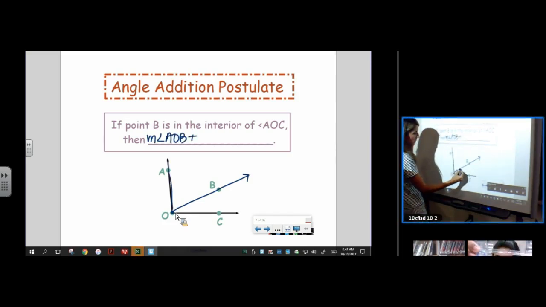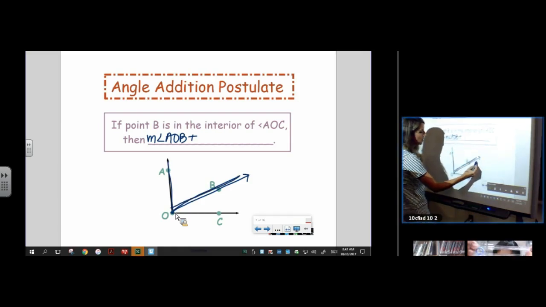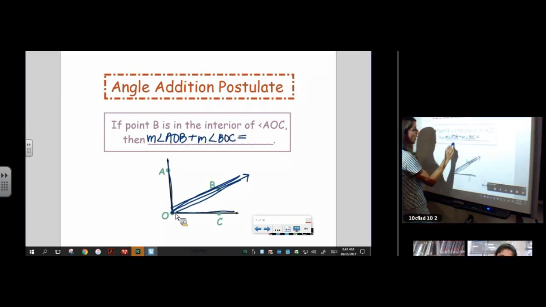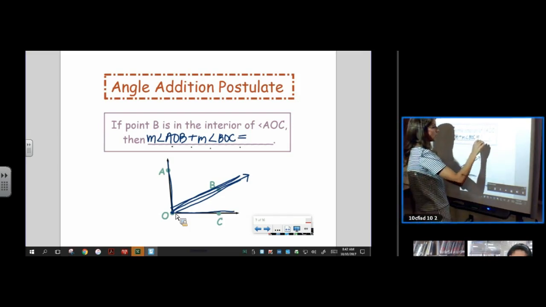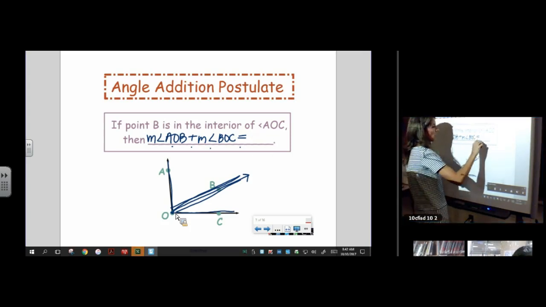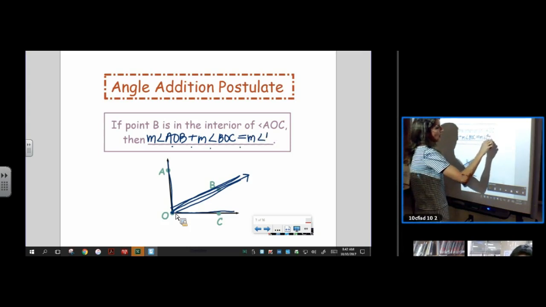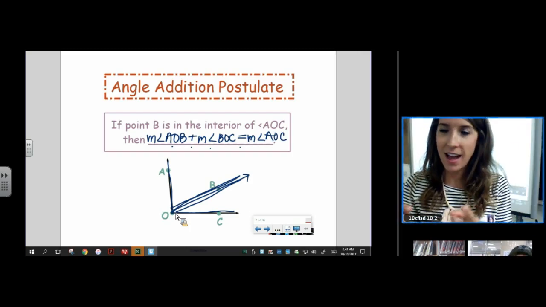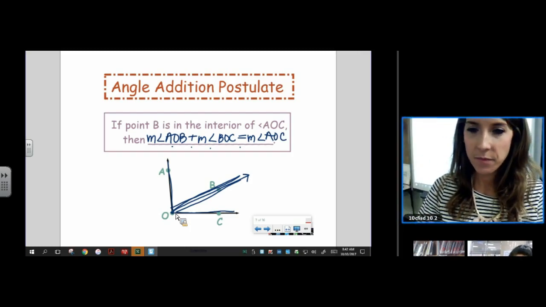Angle AOB. If I take this angle plus, I better start where I left off and go all the way, the measure of angle BOC equals, so part plus part equals the angle we started with. Oops, sorry, you need to put M for measure. The measure of angle AOC. Part plus part equals whole, angle style. Okay, I'll give you a minute to write it down.